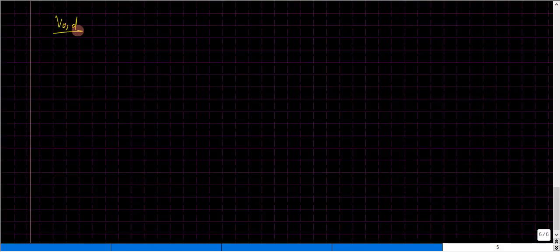So I have VOD upon VID. We know that when we apply an anti-symmetric input, the common node is driven to ground and the output becomes anti-symmetric. So this results in a simple common source amplifier with one input connected to VID by 2 and the other input connected to minus VID by 2.